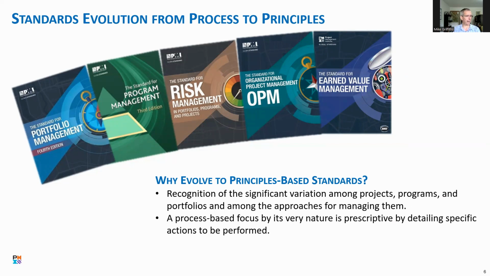A lot of these guides, like for program and risk and earned value, they shifted to principles. So instead, they would elevate the conversation up and say, well, what we're trying to do here is to guide the team to figure out what the vision is, or to work with stakeholders to determine the priority for the next release, or whatever it is.